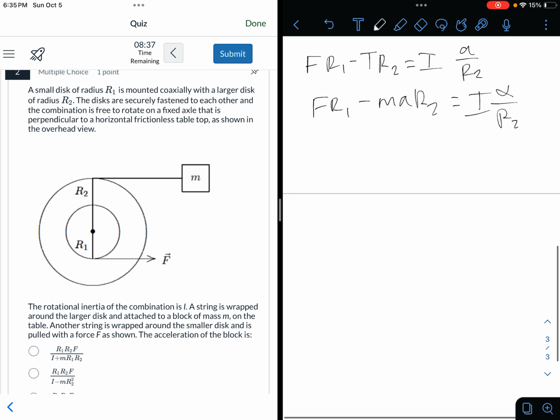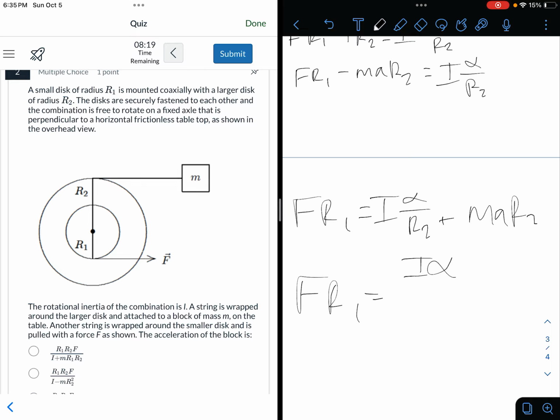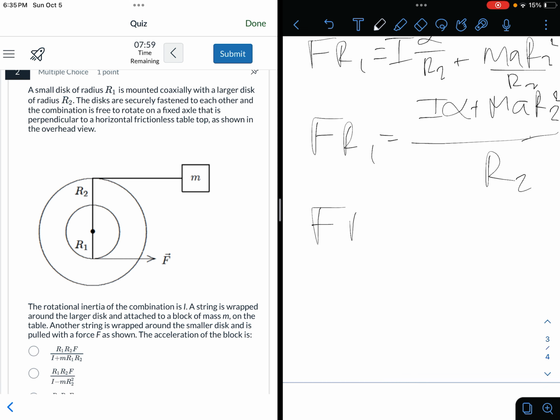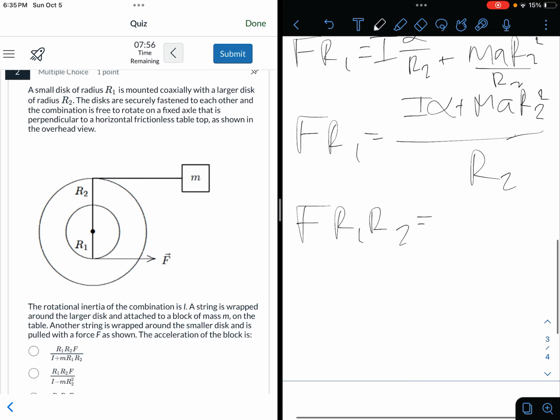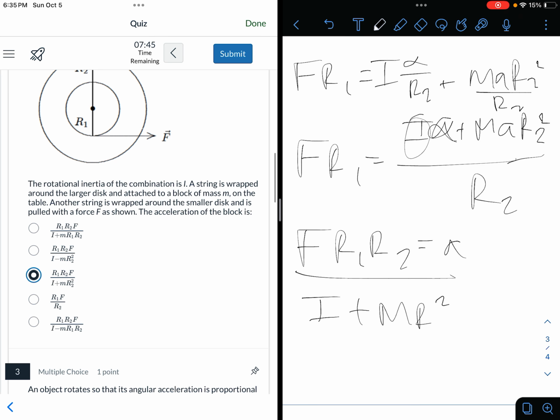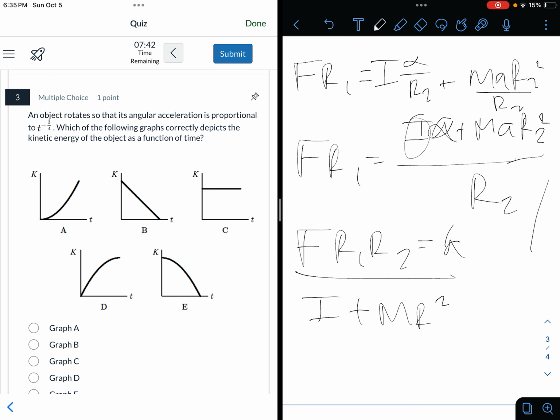I can multiply everything on the top by R2, so R2 times R2, or no, yeah, this should be squared, I think. And then I can multiply by R2. I could factor out the a, and I'm going to be dividing by I plus m R2 squared. Kind of a rough derivation, but it's all good.